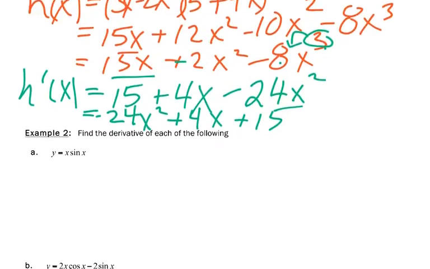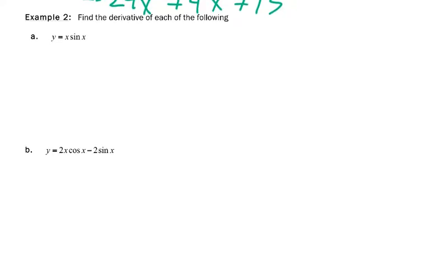All right, let's move on to trig, example 2. All right, so hopefully you remember that the derivative of sine is cosine. It's going to be really important for this problem. So in this case, h of x is just y, right? Oops, h of x.